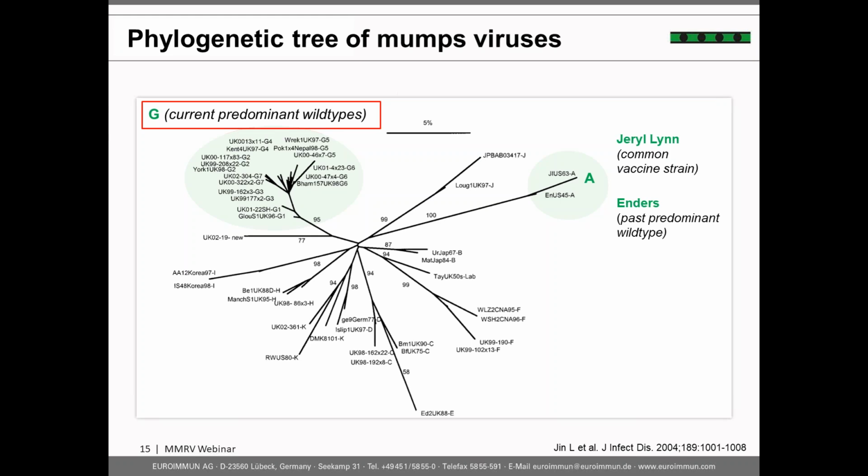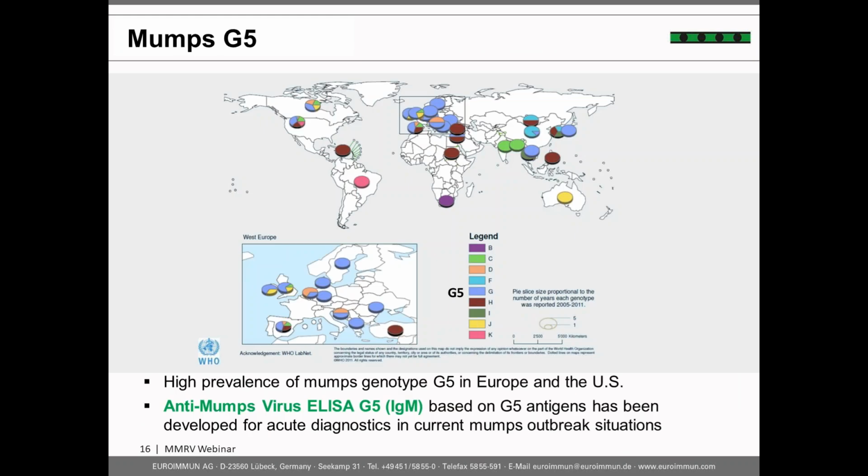This is backed up by data put out by the WHO that specifically show that the G genotype, and specifically the G5 strain, are the cause for the vast majority of cases in Europe, but also the United States. And this led Euroimmun to develop a new test system that focuses on the G5 as an antigen for their IgM ELISA solution.